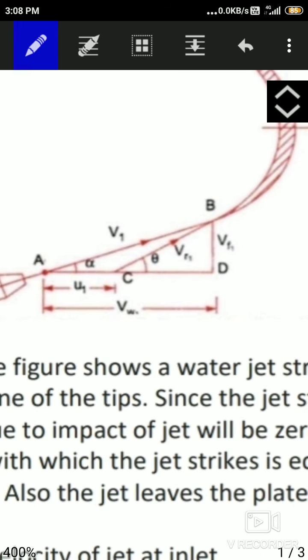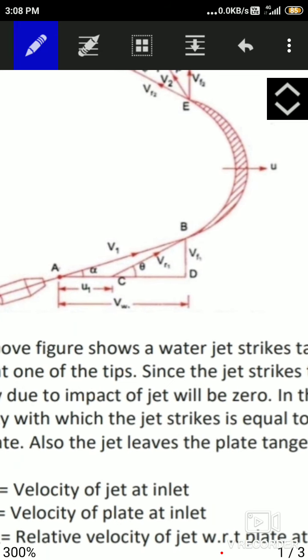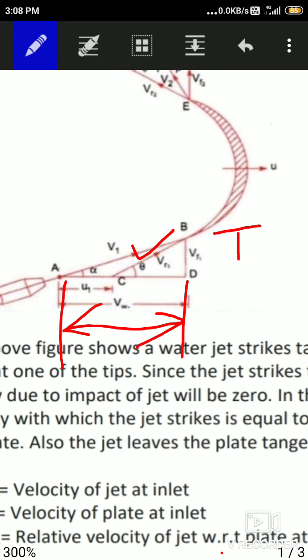Here you see V1 is taken for the velocity of jet, U1 is taken for velocity of plate at inlet, and this is VR1, and this is VW1, and this is VF1.